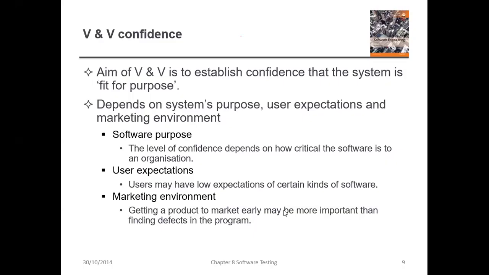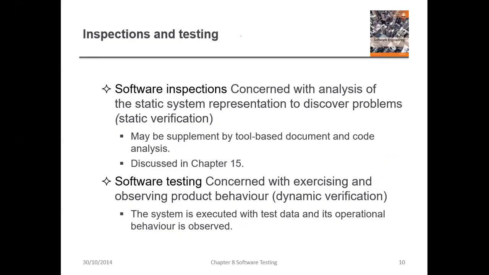So, inspections and testing. We have discussed inspections already in quality assurance and quality management. Here we want to compare testing with inspections. As I said earlier, software inspection is concerned with analysis of the static system representation to discover problems.